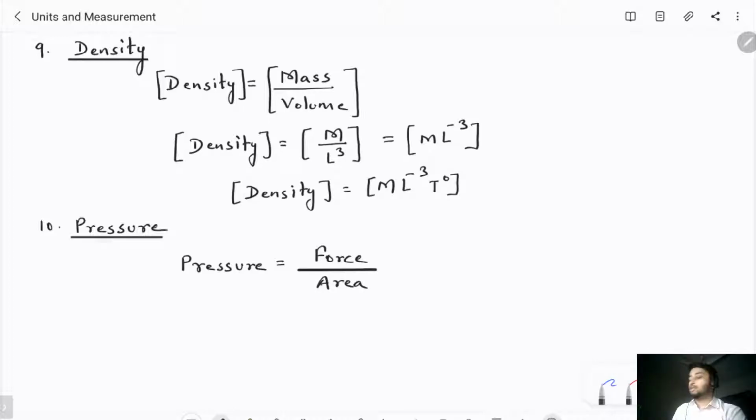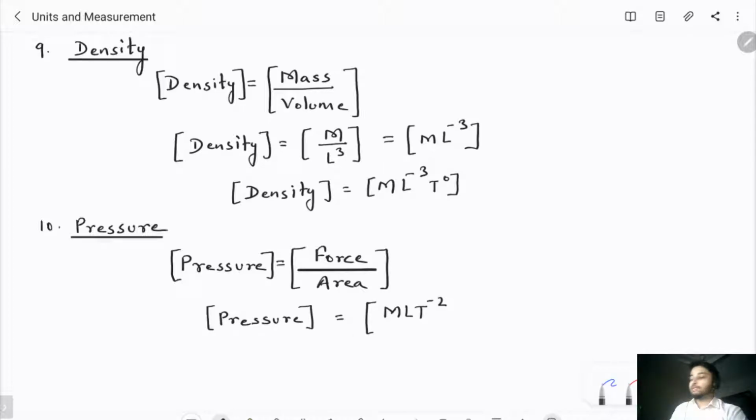So the dimensional formula of pressure will be same as that of force by area. Force dimensional formula we have already derived earlier, so that is MLT minus 2.